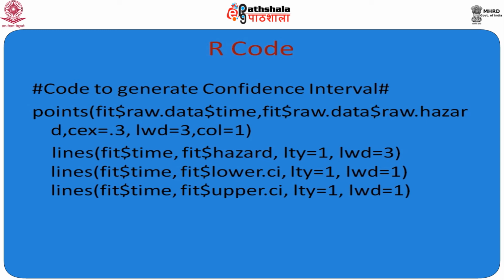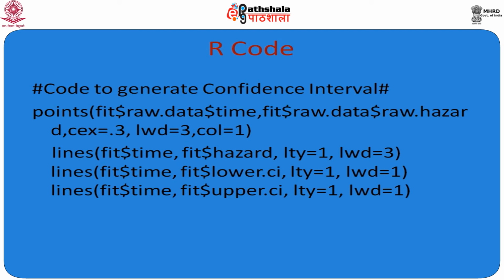That will give us the point estimate value of the hazard function throughout the follow-up period. The next line, lines fit time fit lower dot ci, will give us the plotting value for the lower confidence interval of the hazard function, and lines fit time fit upper dot ci will give us the upper confidence interval estimate.